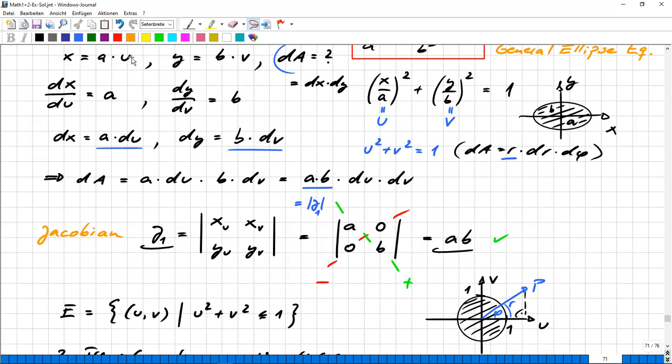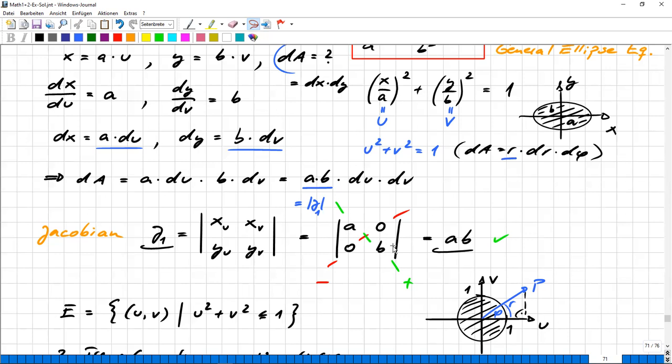It might also depend on v, and that's why we have to take the partial derivative. But in this case, the partial derivative is identical to the regular derivative, just for your comfort to understand why I'm writing it down this way. So it's a, but the partial derivative of x for v, of course, gets 0 because x does not depend on v. The same is true for y. Analogously, we get y index u equals 0 and y index v equals b.